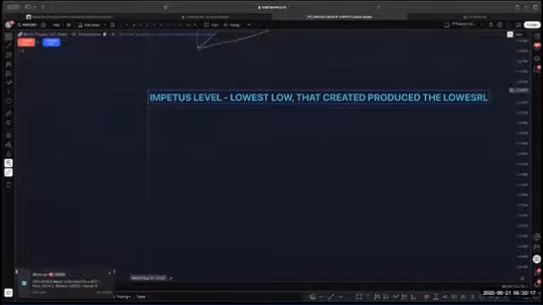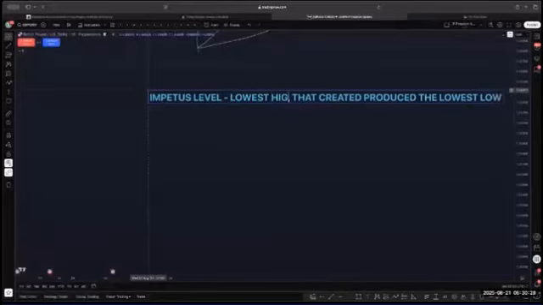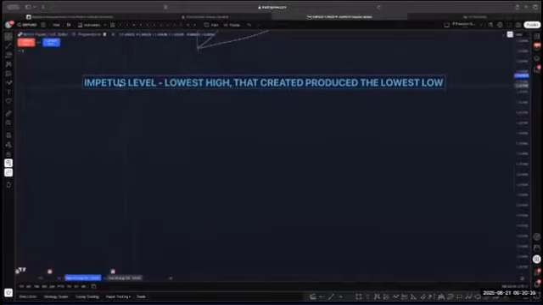The lowest low. I did it backwards. The lowest high that created or produced, okay, that created or produced the lowest low.